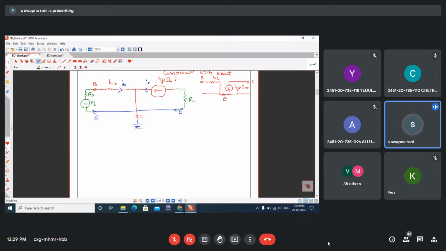So this is the equivalent circuit of CE amplifier using approximate model.